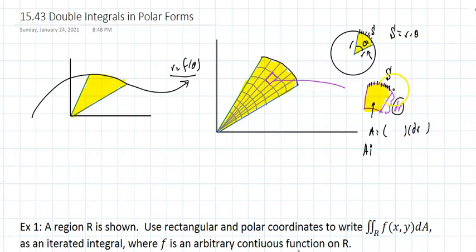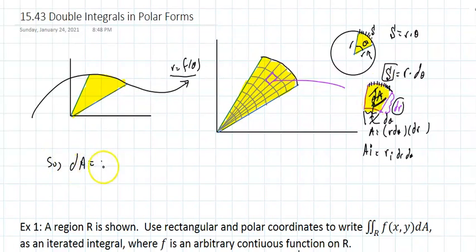The width is, if I take this and stretch it in a straight path, it's S. S equals the radius times d theta. So a sub i would be r sub i dr d theta. So if I want to find the change in area, that is really r dr d theta.